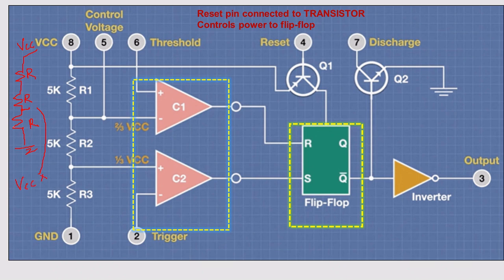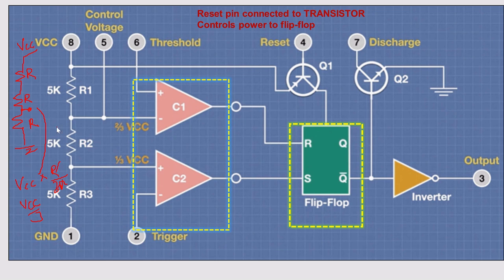What is the corresponding resistance towards the ground? R. What is the total resistance in the circuit? R, 2R, 3R, so total 3R. R will get cancelled. So VCC by 3. So this bias voltage, how much will this divider network provide? 1 by 3rd of your VCC.